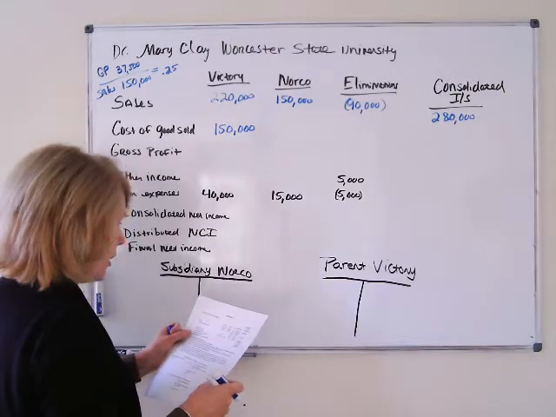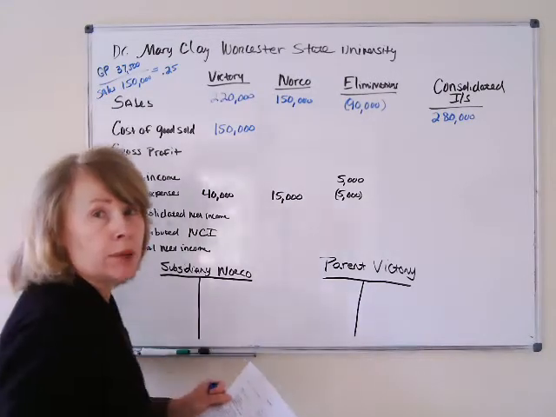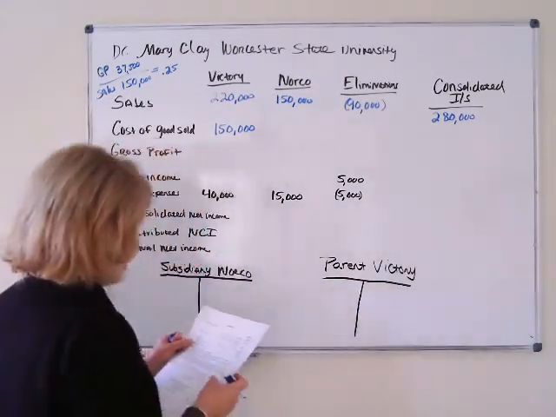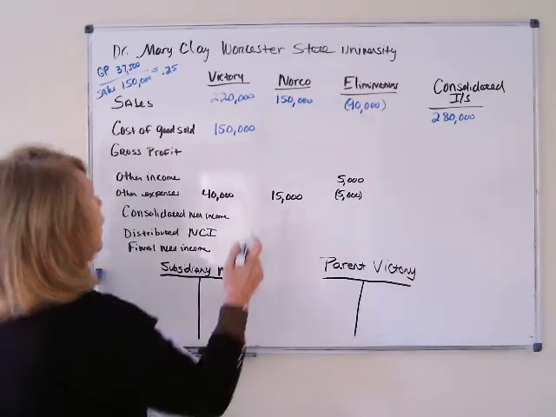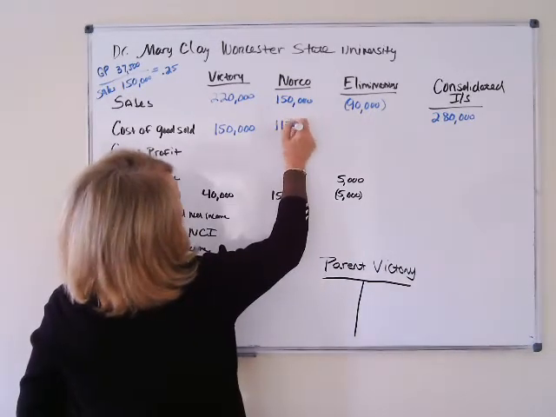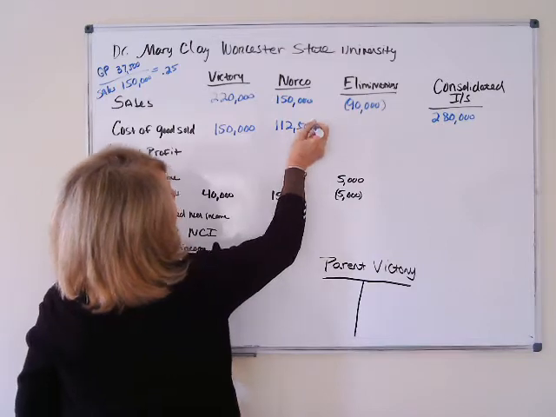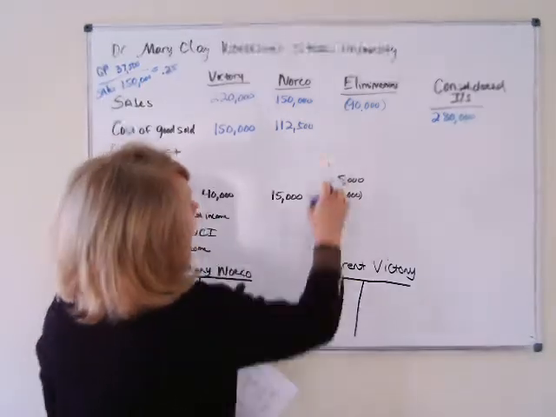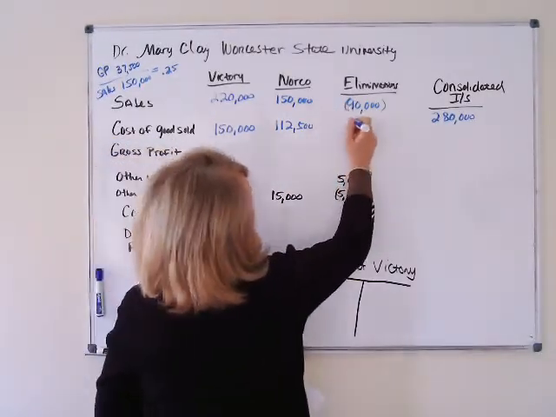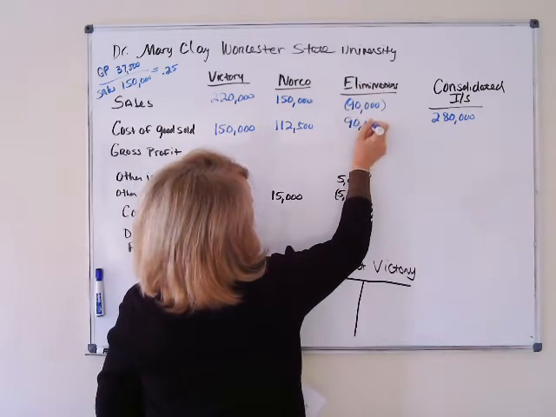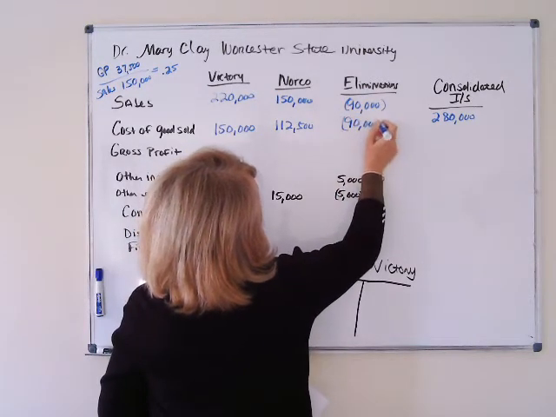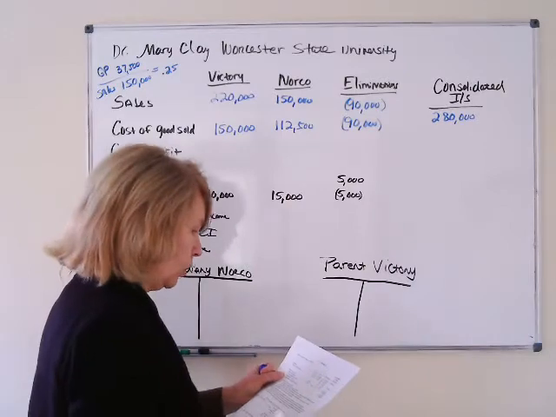Please be working with me. My cost of goods sold for Norge is $112,500. I'm going to eliminate this 90,000. Remember, you would debit sales and credit cost of goods sold to eliminate that.